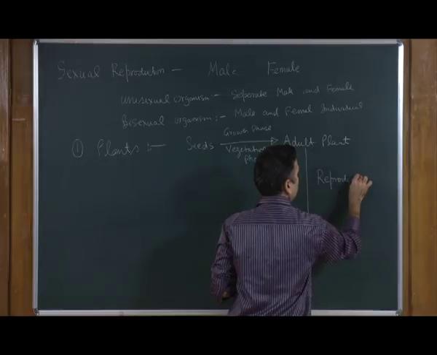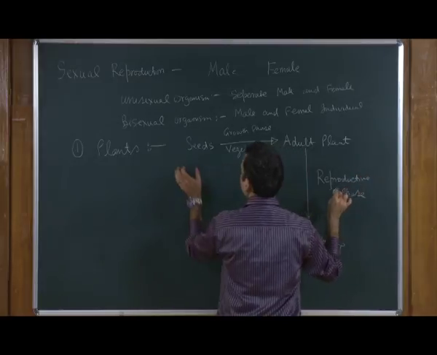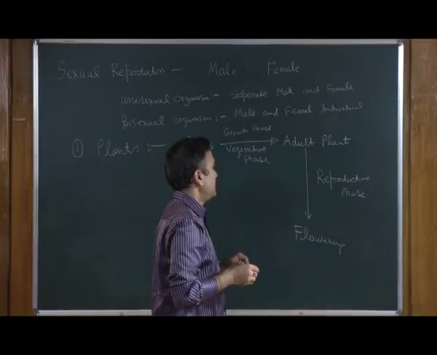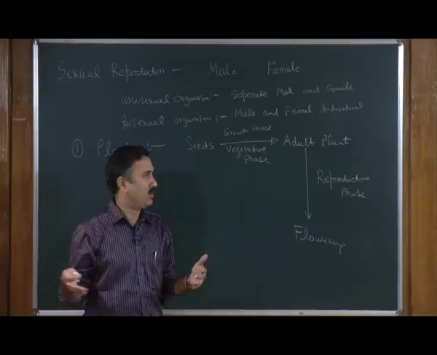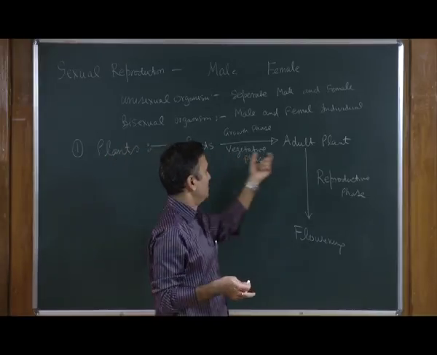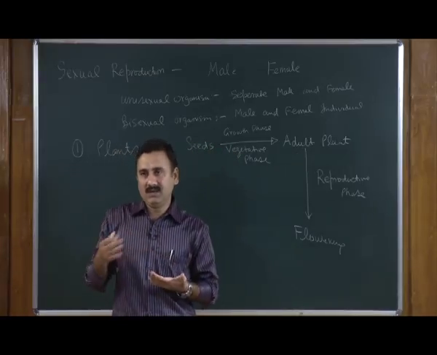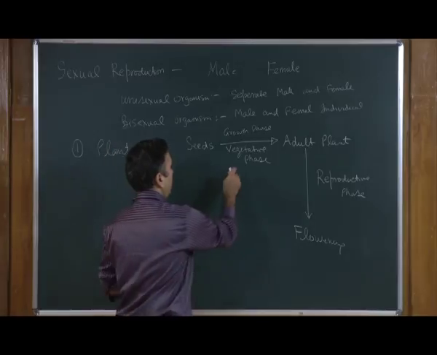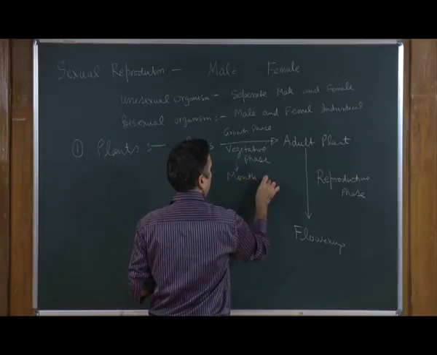This is the phase when the flowers are formed in these plants, and then they can start sexual reproduction. This vegetative phase from seeds to adult plant can vary from months to years.